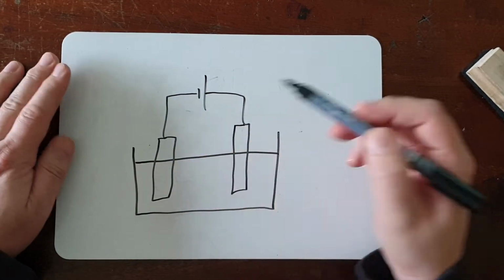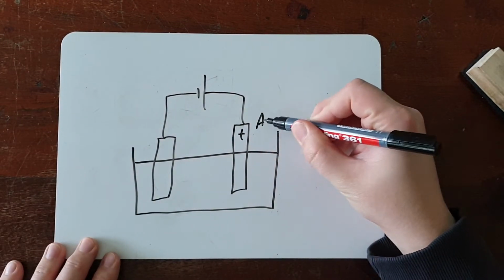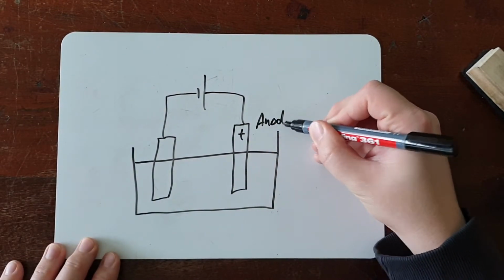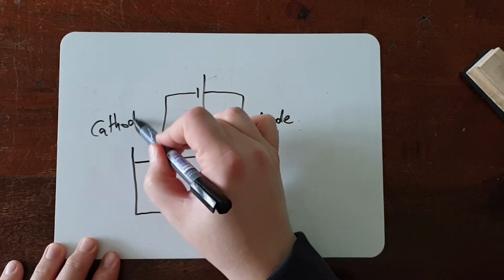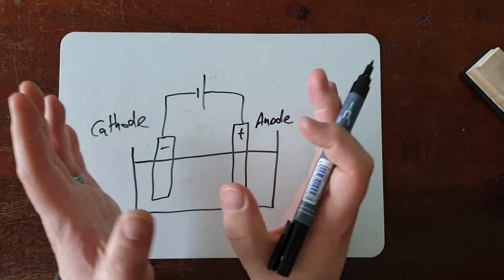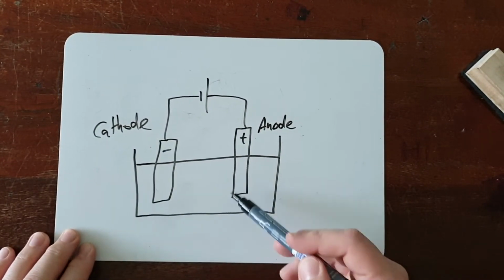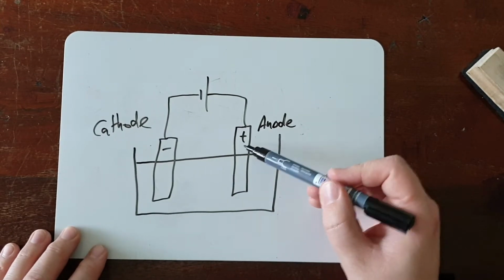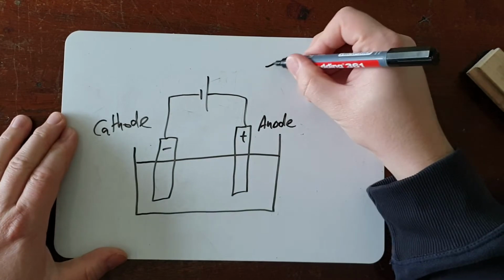We've given them names before. The positive one is called the anode, and the negative one is called the cathode. Electrolysis is the name of the whole process. The electrolyte is the liquid part, and these are the electrodes, the things that are dunked in the liquid.